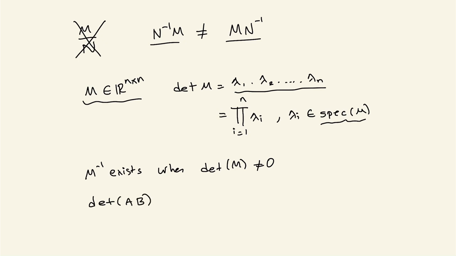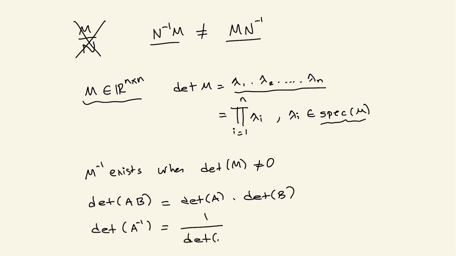The determinant of AB is nothing but the determinant of A multiplied by the determinant of B. You can also write the determinant of A inverse as 1 over the determinant of A. These are some neat properties about the determinant that one working on control systems should know. About eigenvalues, briefly.